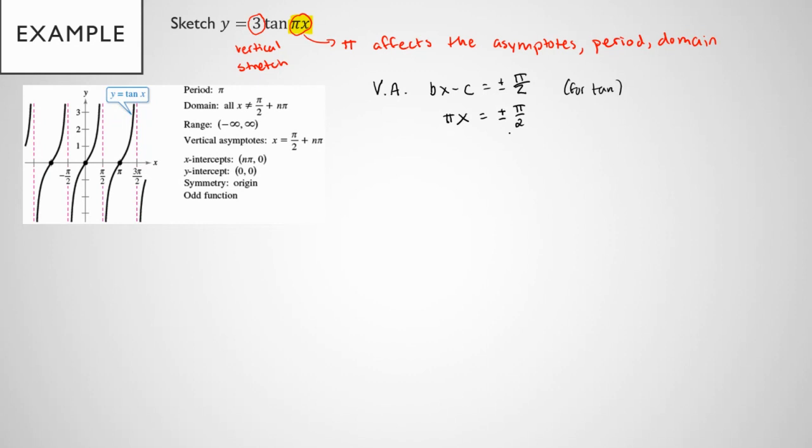So we're going to solve for x, and we do that by dividing both sides by pi, and those are going to cancel out, and we're going to end up with ± 1/2. So x is now ± 1/2. So now our vertical asymptotes have changed. They're not at pi/2 anymore. Now they're at 1/2.